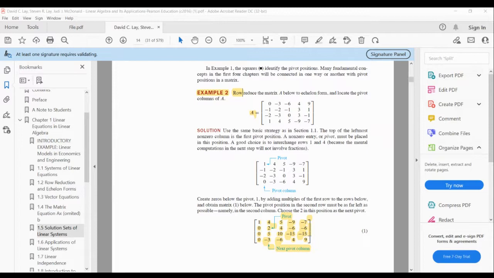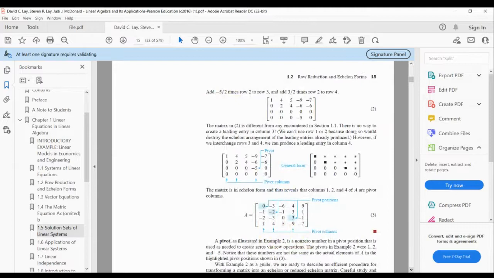They do that on the next page. So now they do both those row operations, and they arrive at that matrix.